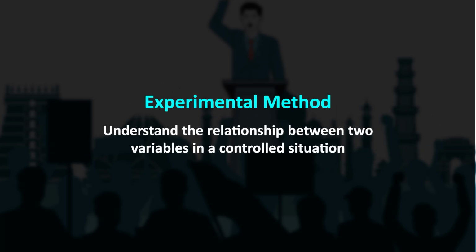The experimental method is used to understand the relationship between two variables in a controlled situation. Since such experiments are not possible in political science, an alternative is the statistical method, which helps you to analyze the quantitative data in order to discover controlled relationships among variables.